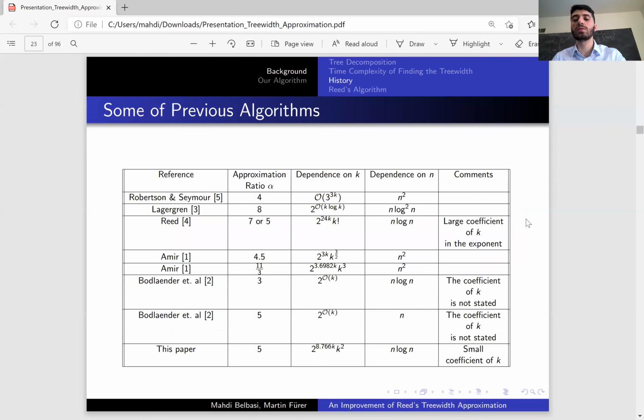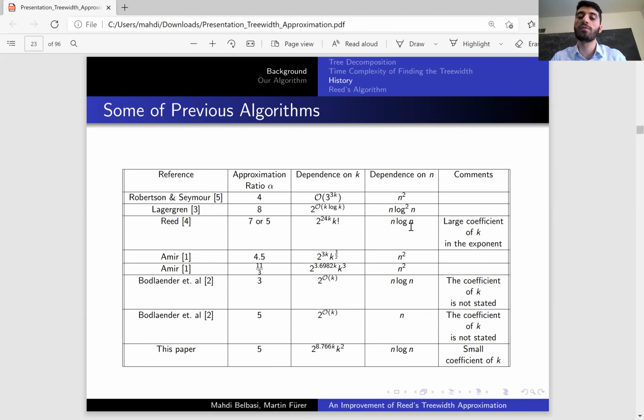So now let's start with history. This is a table that has some of the works that have been done in this area. It started with Robertson and Seymour's paper, and they gave an n squared algorithm. This column shows the dependence on n, this column shows the dependence on k, and here we have the approximation ratio alpha and then comments.